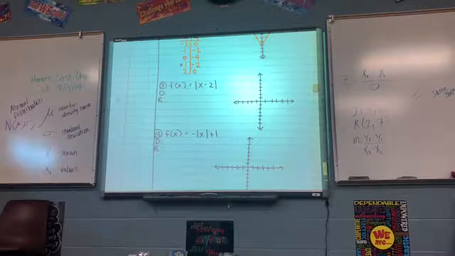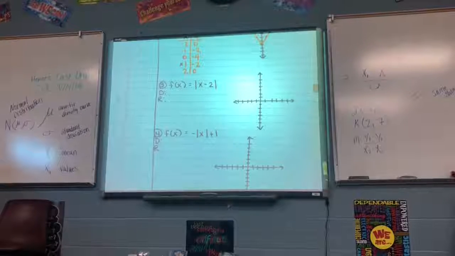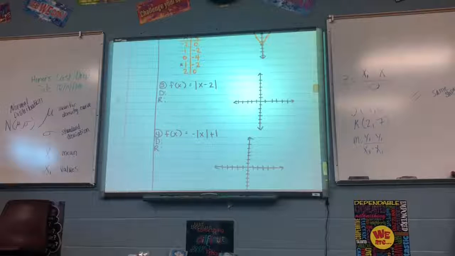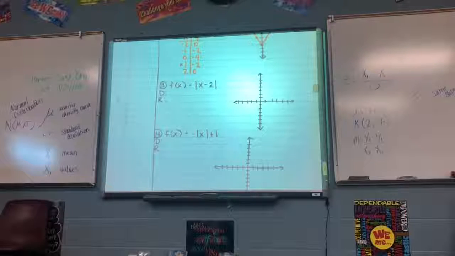Or do I need any at all? 2 points make a line. Put it on your graph what you got and see where you need to go. That always helps.